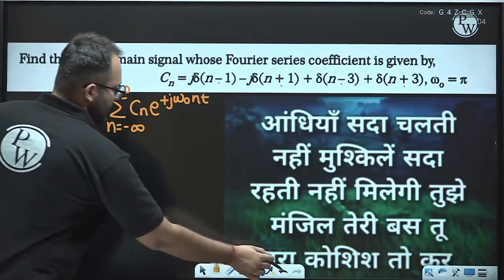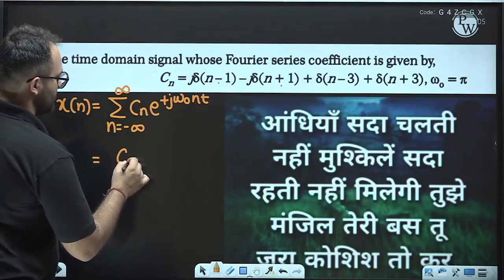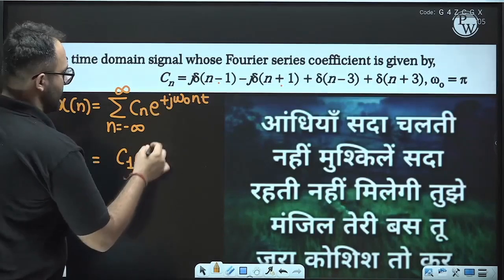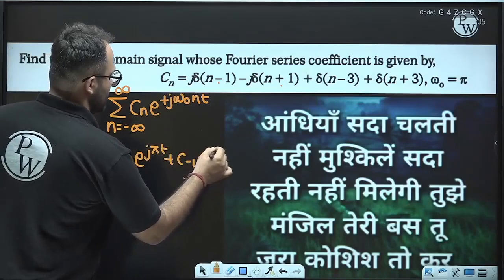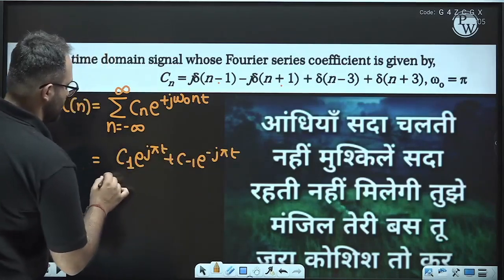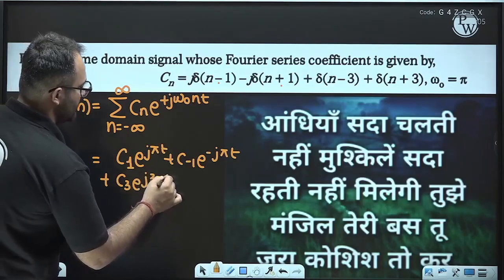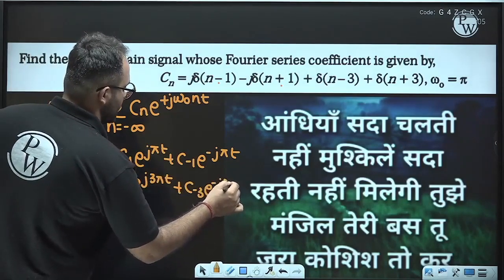So we can see that this will come out to be C(1) e^(j pi t), C(minus 1) e^(minus j pi t), C(3) e^(j 3 pi t), C(minus 3) e^(minus j 3 pi t).